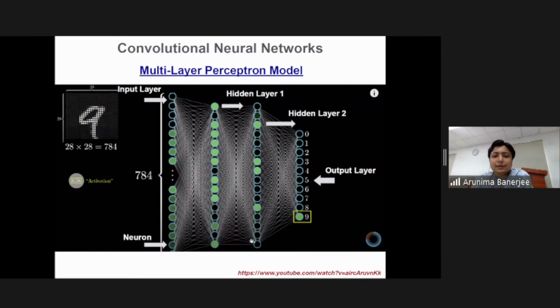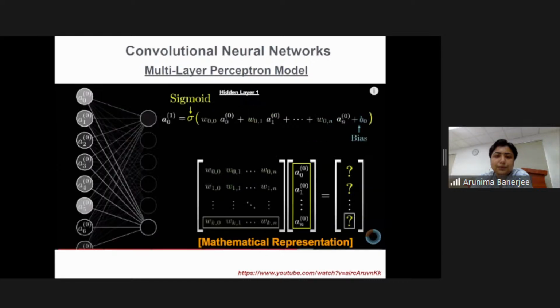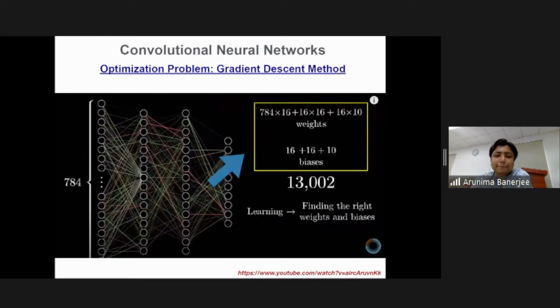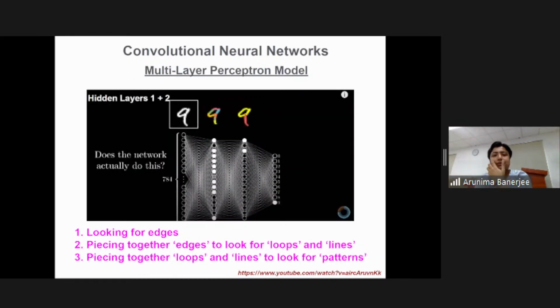These are the hidden layers which try to identify the grossest features first, and from there they piece together the grossest features to identify more intricate features. So let me directly go to this slide, which might be more instructive.